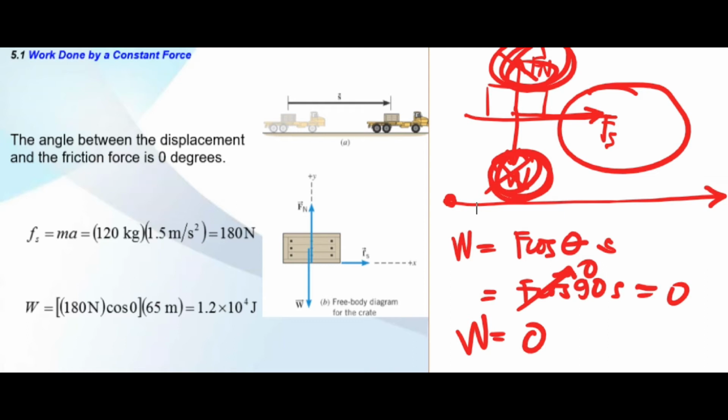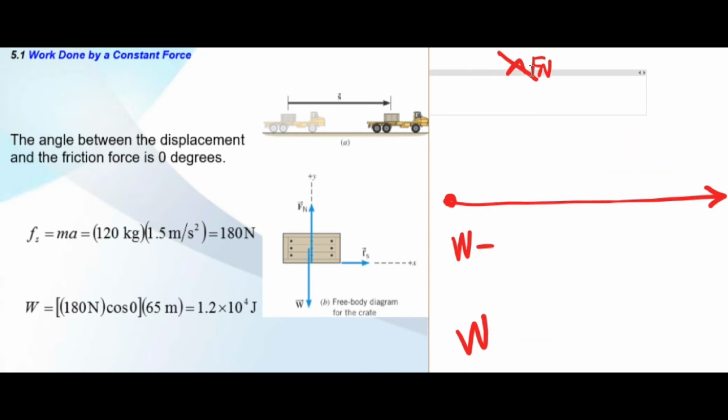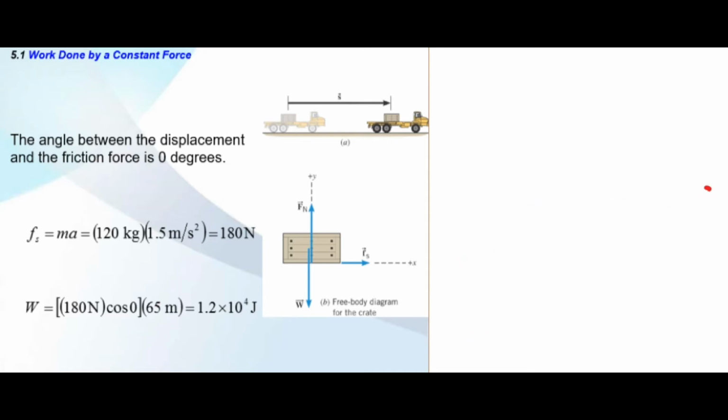Now, computing for the work done on the crate by the static frictional force, it will just be equal to F cosine theta S. But if the force is parallel to the motion, just like in this example, we can omit cosine theta because cosine 0 degrees is just 1.